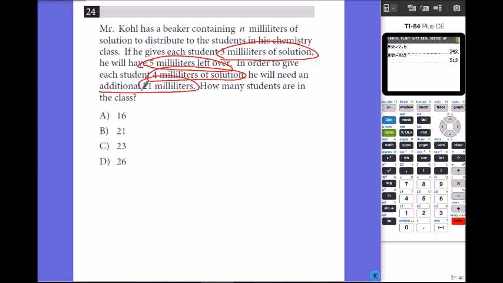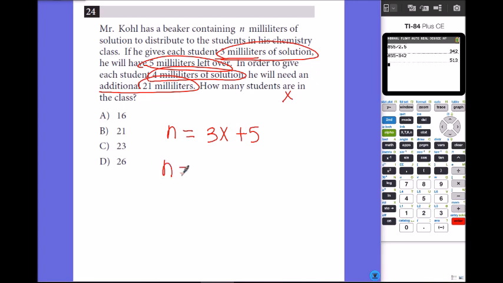How many students are in the classroom? So let's say the number of students is X. So he has a total of N, and when he gives 3 milliliters to each student, it will be 3 times X. Then the remainder was 5, so you add 5.